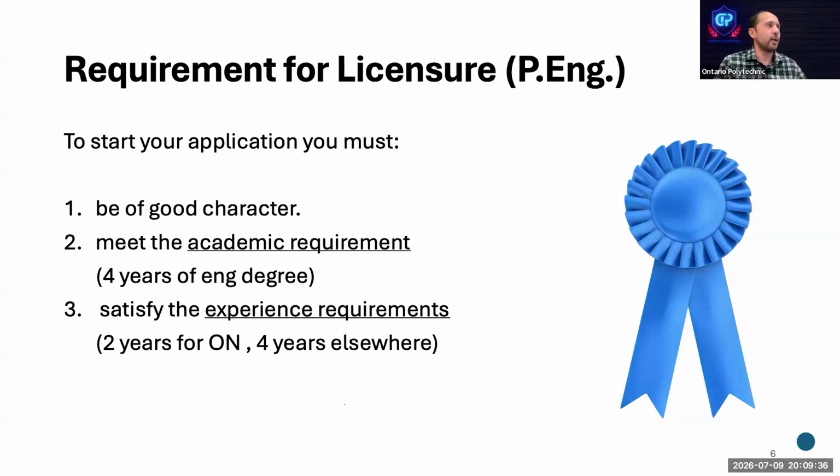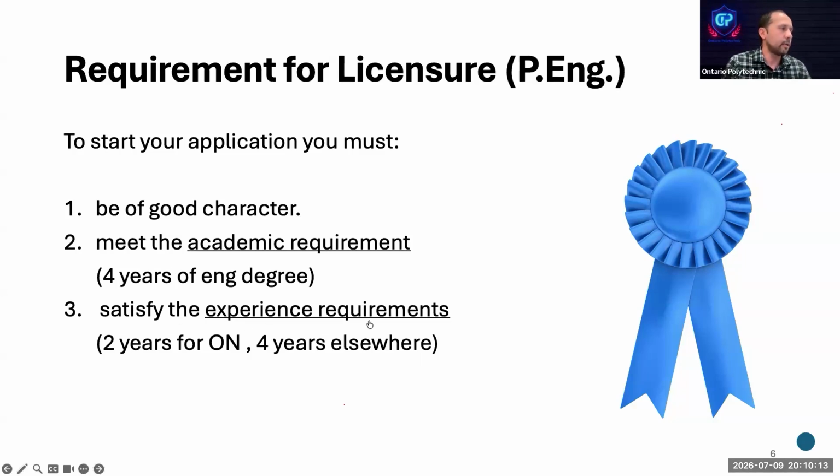The requirements for licensure in Canada are basically the same for all provinces. First, you should have good character, which means you don't have any criminal background, which I assume is not an issue for people attending this webinar. The second requirement is a 4-year engineering degree from a college or university anywhere in the world, including Canada, the US, and other countries.